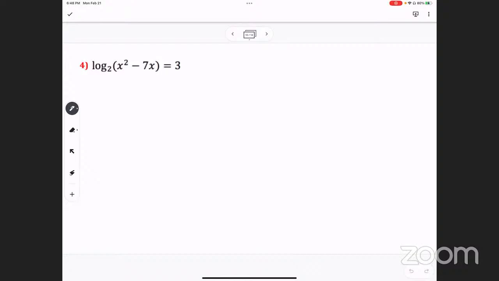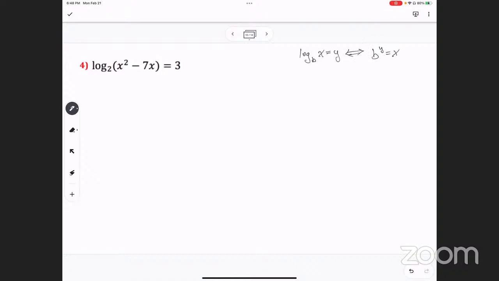So for this one, again, we're going to use the equivalence. Remember what the equivalence is. The log base b of y equals x is the same as b to the y equals x. Is that how I wrote it before? I don't remember. Doesn't really matter.